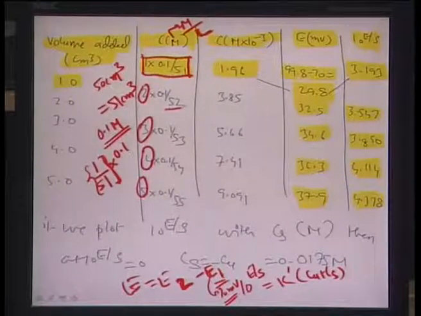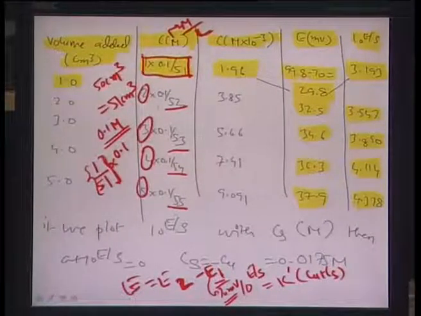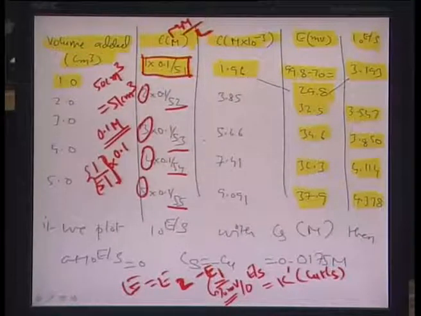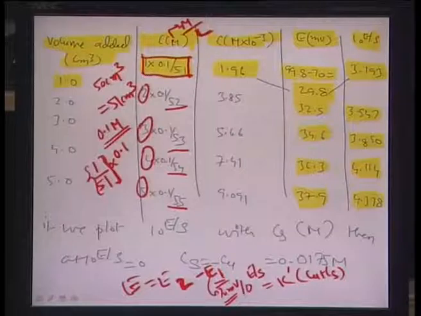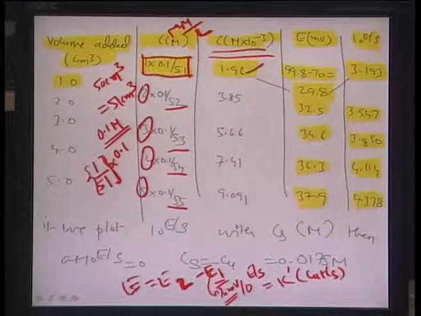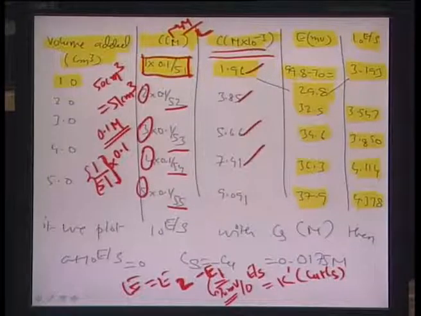The total volume changes every time, 52, 53, 54, 55, and therefore the number of moles added each time are different: 2 times 0.1 by 52, 3 times 0.1 by 53, 4 times 0.1 by 54, and so on. So you obtain the molar concentration here, and then find the number of millimoles, and this millimolar concentration is represented here.